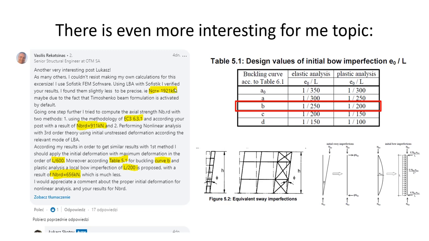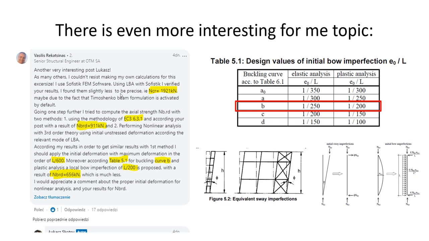An engineer has made the same example as I performed and as the blogger has introduced in his post, and as well as the blogger, he has calculated the critical force, then he has calculated the ultimate load based on the classical approach, and he has started to calculate it with the imperfection method, but the imperfection was described not by a local bow, but according to the relevant mode.